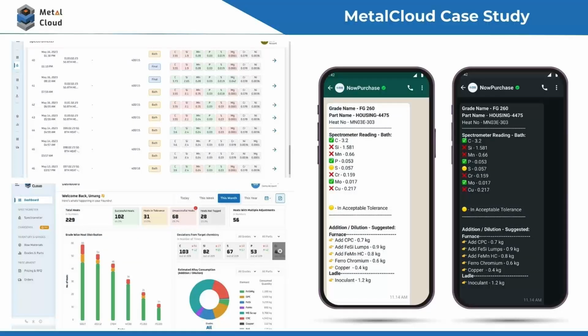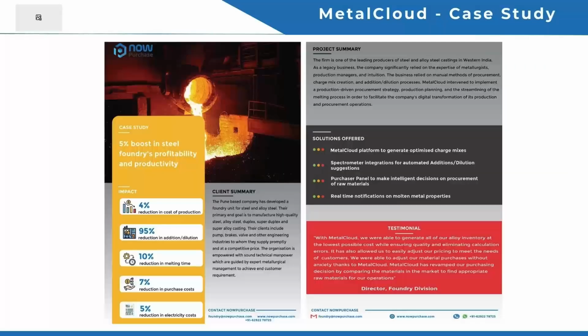Moving on, this is a case study, or basically the result of the MetalCloud implementation at a particular factory in Maharashtra itself, where they observed a 4% reduction in cost, a 95% reduction in addition dilution time, and a 10% reduction in the melting time.